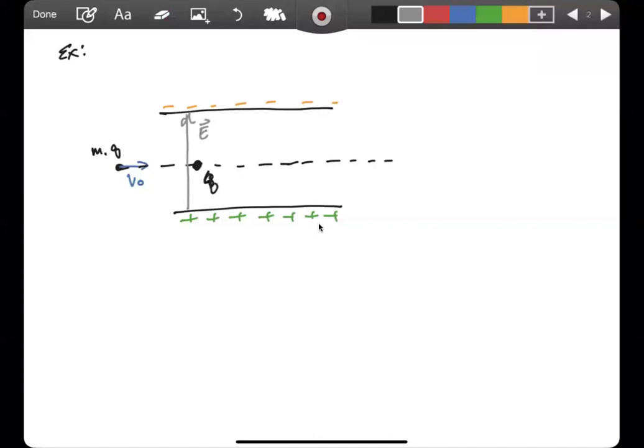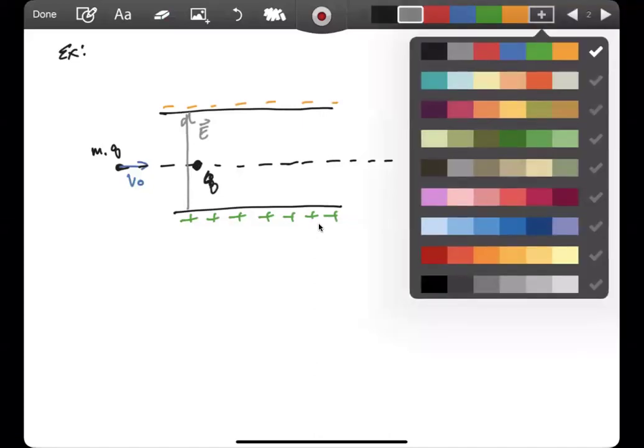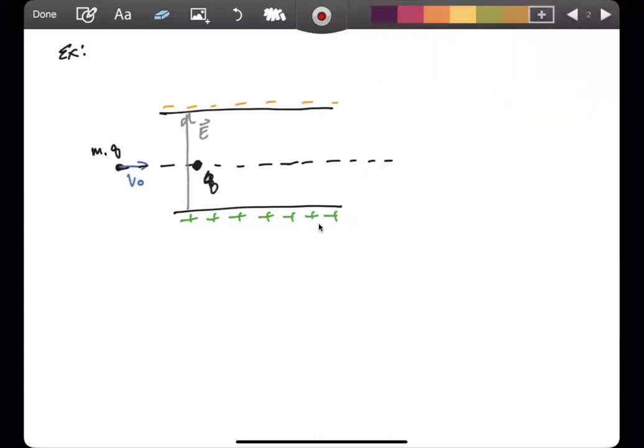Since this is a positive charge, it's going to feel a force in the direction of the electric field, which means the electric force it feels is in this direction. That results in an acceleration in this direction, which is going to push it upward, causing the particle not to move in a straight line along the dashed line on the inside, but in fact to feel an upward force, which means it is going to deflect, right?